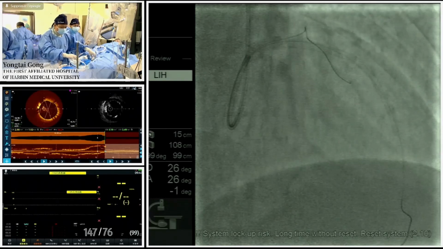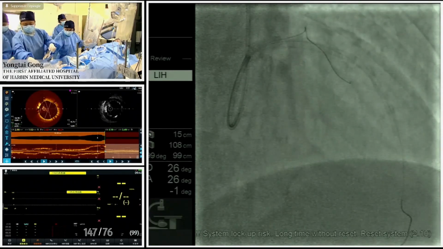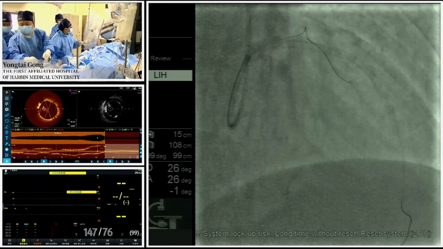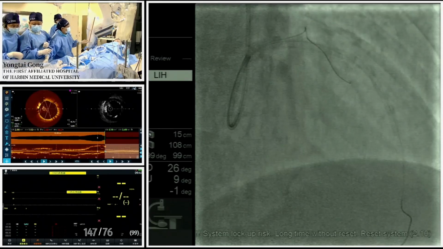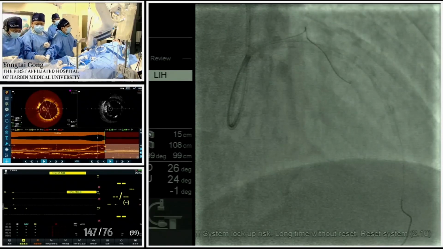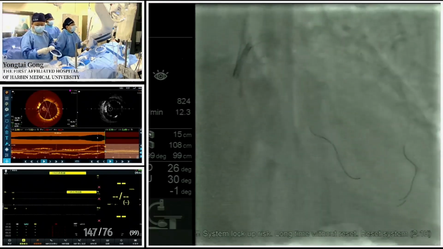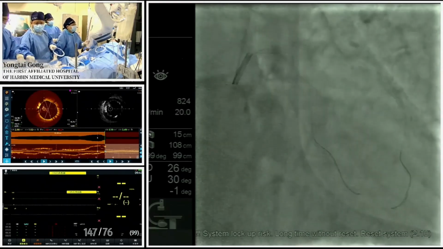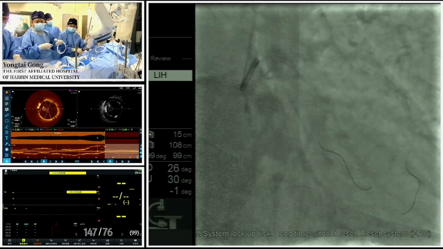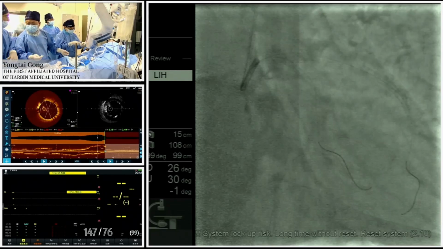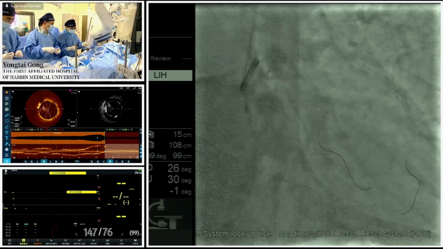Another 2.5 NC balloon. This is 4.0, yes.